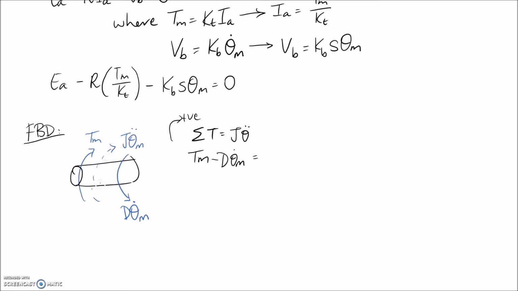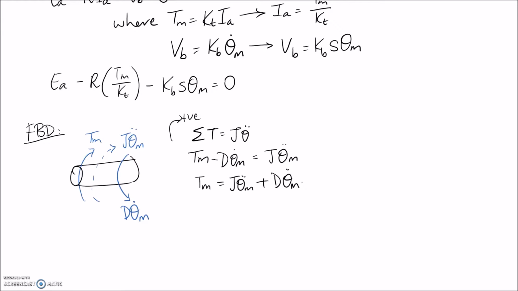And my inertia term here relates to the other side, and it's in the positive direction. So it's positive in the equation. Alright, now what I want to do is put everything with thetas on one side and everything without on the other. So Tm can stay here, and let's just move the damper term across.